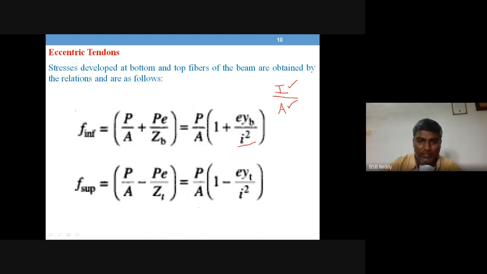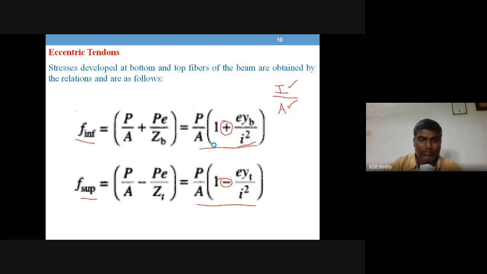So this is the final form of the formula that you have to use for calculation. For stress at bottom you use plus, and for stress at top you use minus, for pre-stress only.